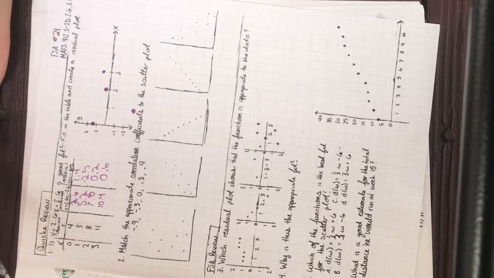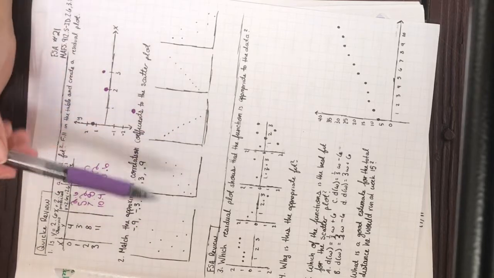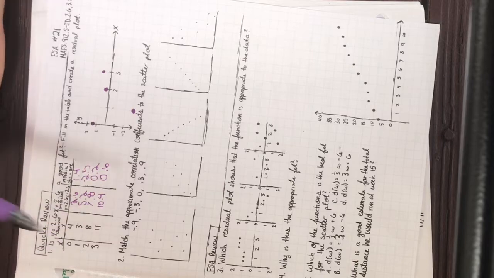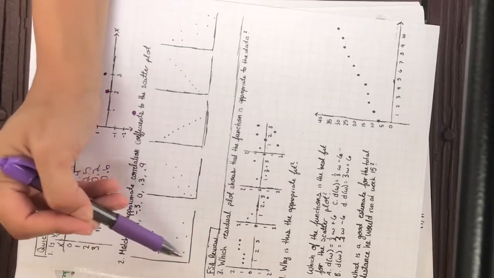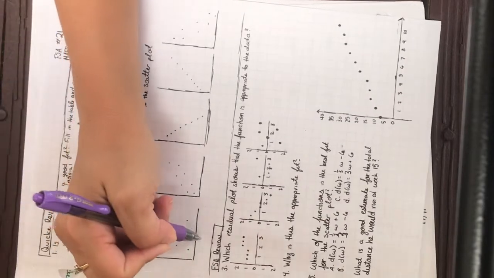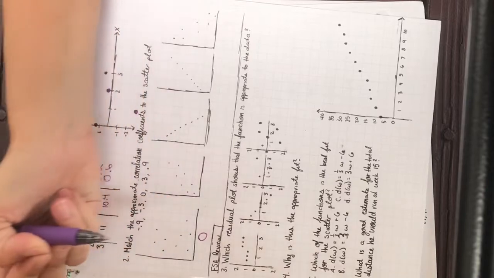A correlation coefficient of 0 means that no straight line would work. And a correlation coefficient of positive or negative 1 means that the dots are exactly on the line. So for example, with this one, I couldn't draw a line anywhere through here and have the dots near the line. So this has a correlation coefficient of 0.